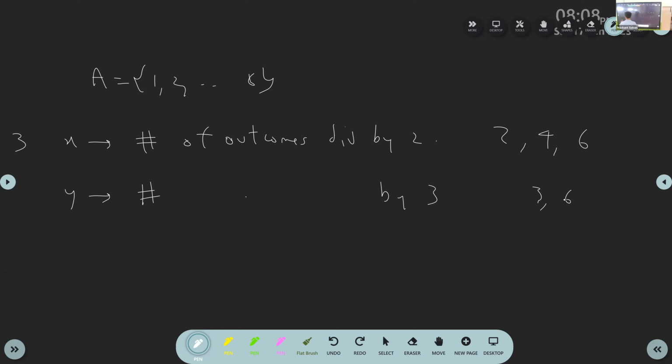And now if I ask the question, the number which is divisible by 2 or 3, even if any one of 2 or 3 divides, it is okay for me. So what is the answer?